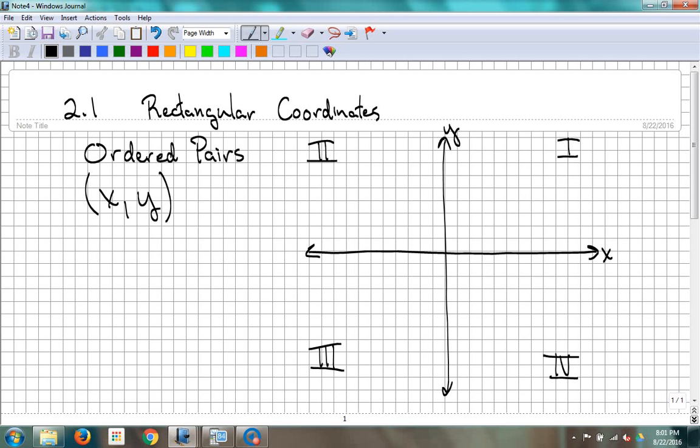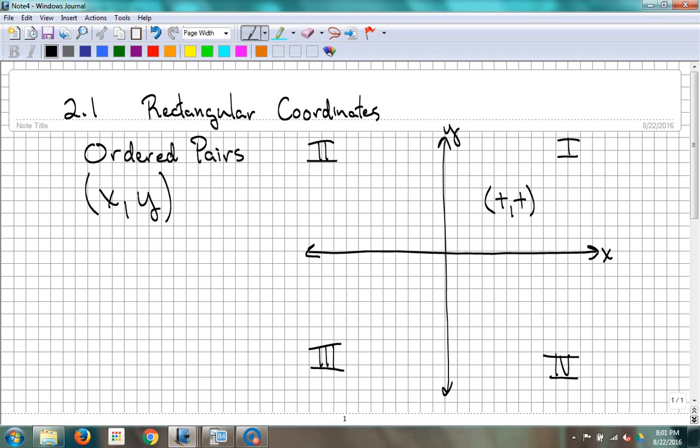All right, so let's talk about the ordered pairs in each quadrant. Over here in quadrant 1, what kind of x values do we have? If we're going toward the right, are they positive or negative? They're positive. So our coordinates on this side have positive x values, and the y values would be going up, so that implies they are positive as well. So all of the ordered pairs in quadrant 1 have positive x's and positive y's.